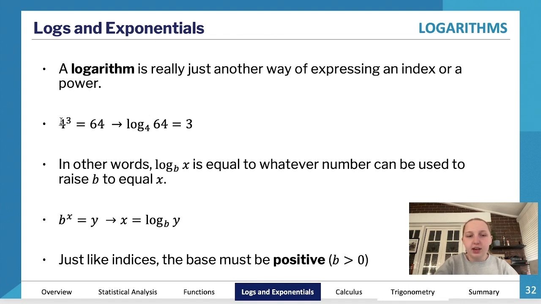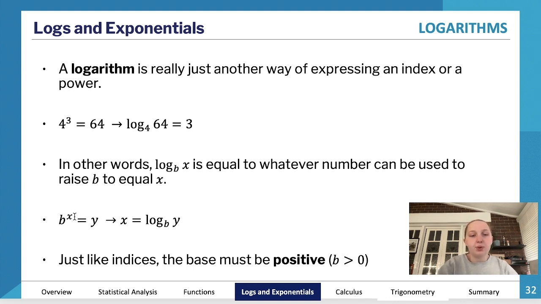So if you're looking at 4 cubed is equal to 64, that's the exact same as saying that the log base 4 of 64 is equal to 3. So it's just, I guess, a way of expressing your index as the subject of an equation. So in other words, log_b of x is equal to whatever number can be used to raise b to equal x.